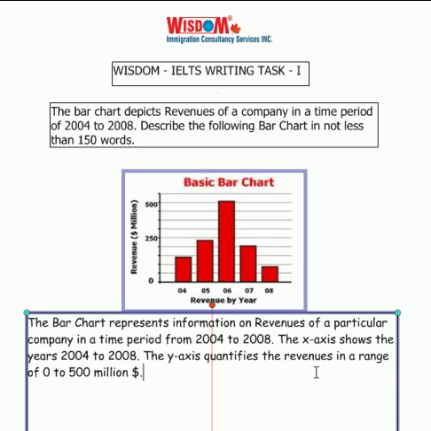So we have to write at least 150 words. So let's go ahead and count the number of words which we've written till now. It's 1, 2, 3, 4, 5, 6, 7, 8, 9, 10. So approximately 15 till here, 20, 25. So I can say we have written around 30 words in our introduction.